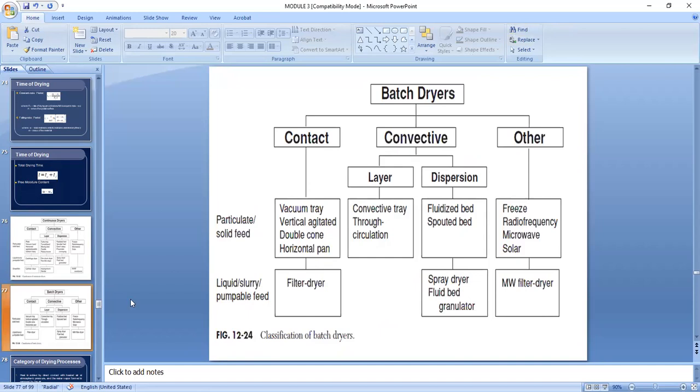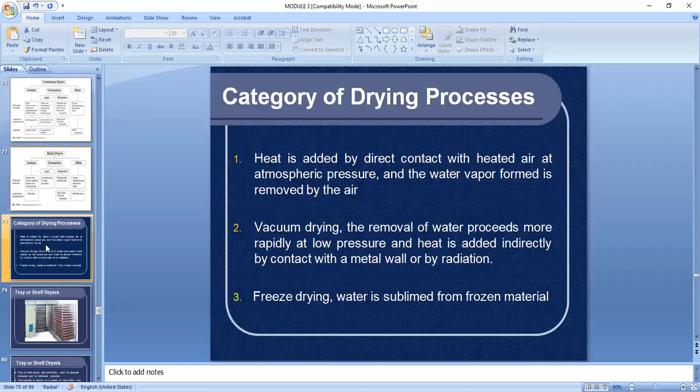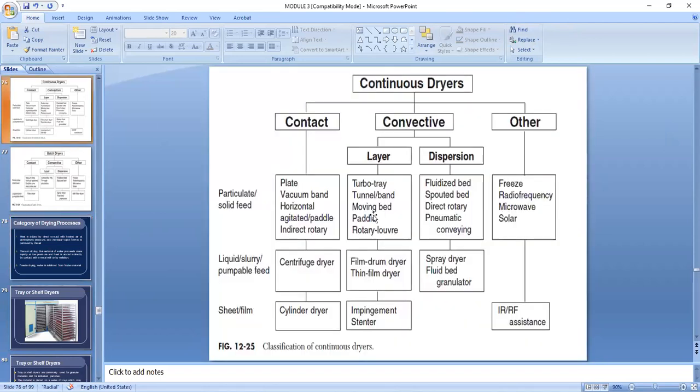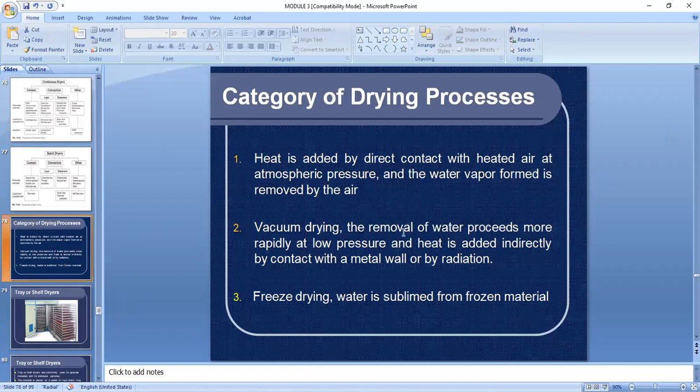Now, let me continue. As to the types of dryers, or the category of drying processes, first we'll go to this. Heat is added by direct contact. That's in the case of the contact drying here, with heated air at atmospheric pressure, and the water vapor formed is removed by air.